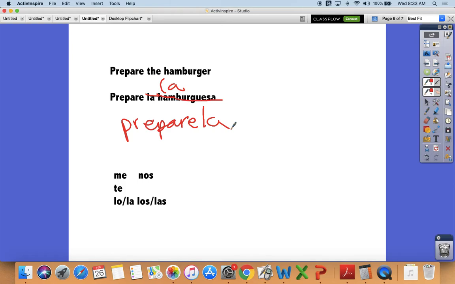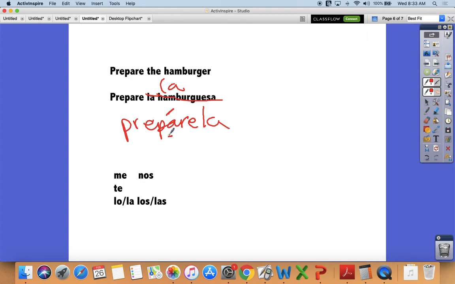There's no space or anything. It gets attached to the end, but the natural sound of the verb prepare has to be maintained. And so to do that, we have to add the accent on the A. You can think of it either way: either the original sound, the second to last syllable of the verb, or the third to last of the whole entire word. Either way, that A has to be accented.